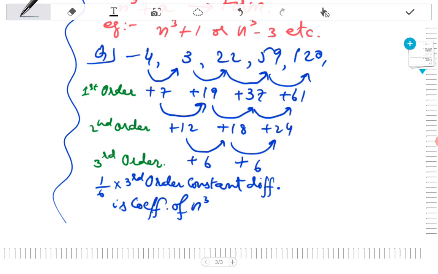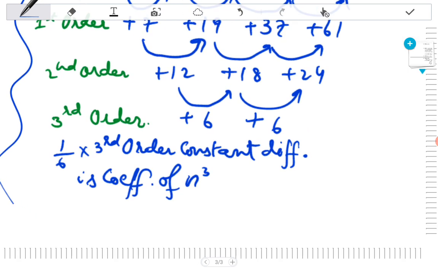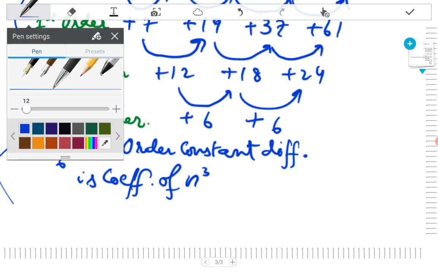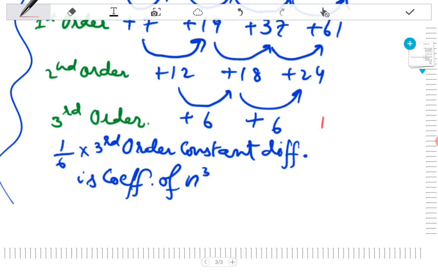And then you can make a sequence of 1/6 of the third order difference constant. So in this case, it would be 1/6 of 6, so it's 1. So 1 times n cube. That is actually the first part of the formula.